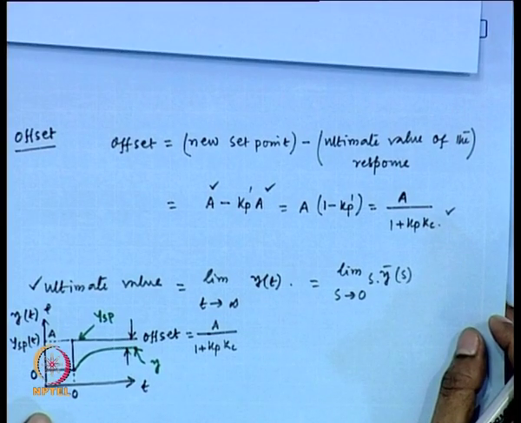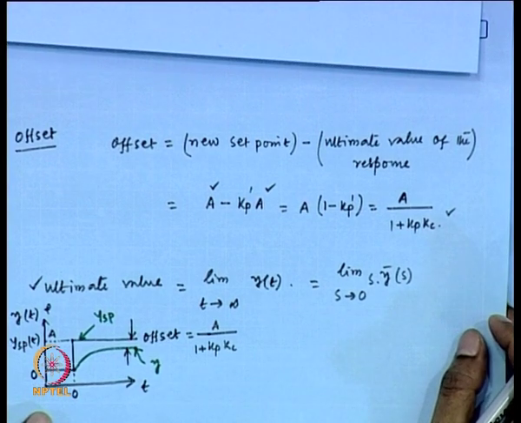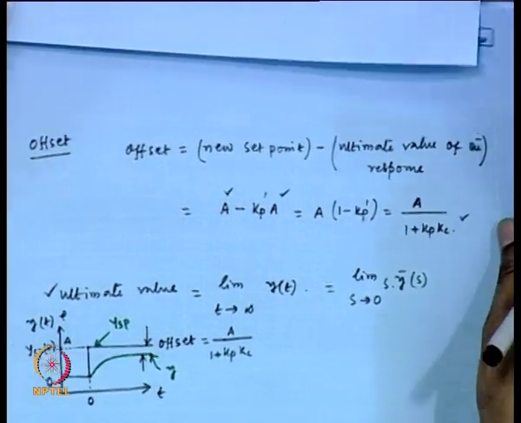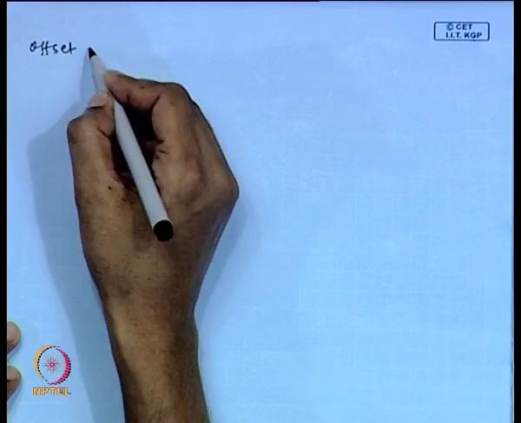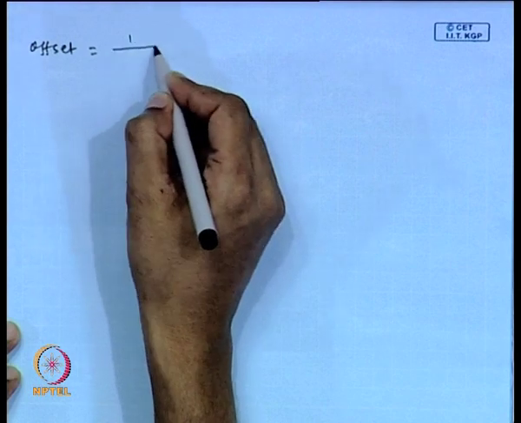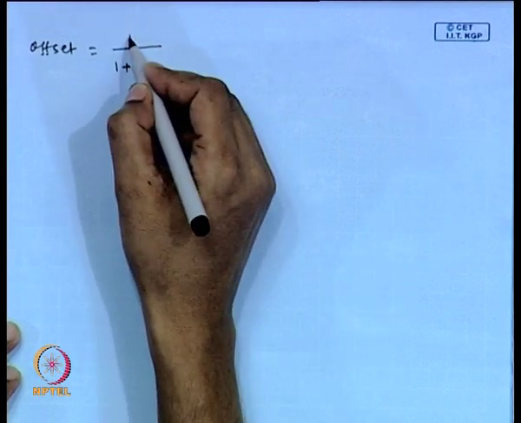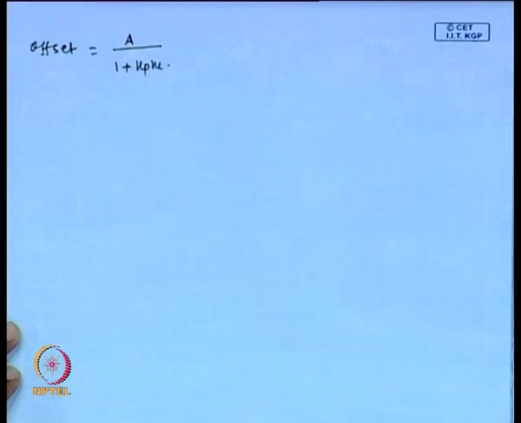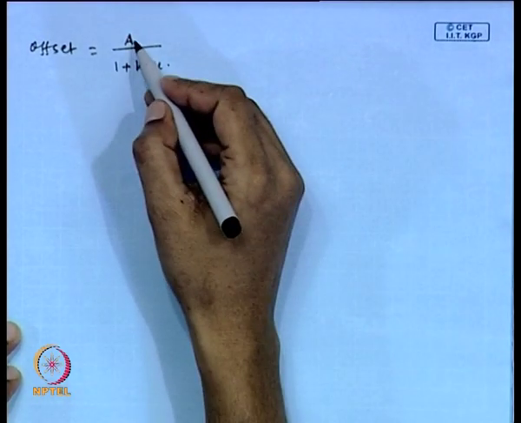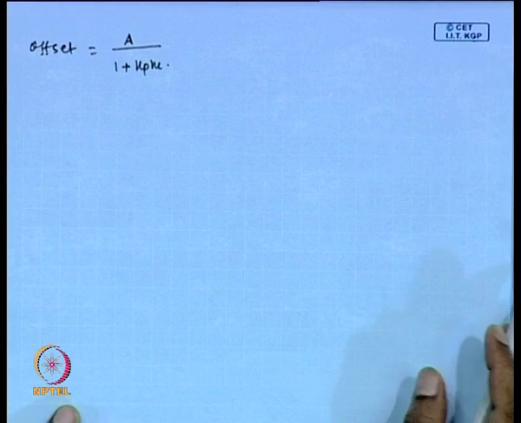Now, when Kc tends to infinity, what about offset? Offset equals A divided by 1 plus Kp Kc.